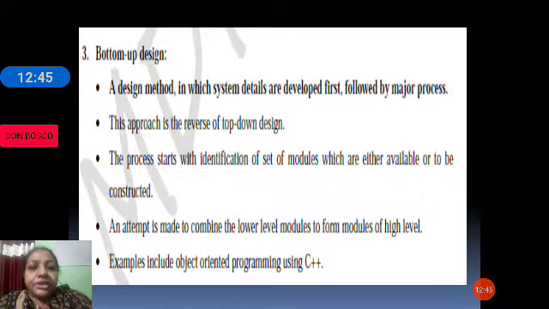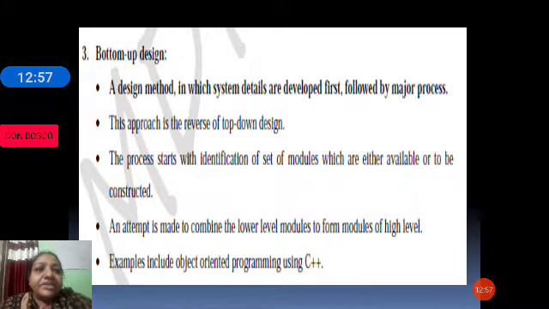Object oriented programming uses the bottom-up approach. What is that bottom-up approach? It is the reverse of top-down design. It is a design method in which the details are developed first, then the process is developed. First we go about the details and then we go about the problem. This approach is the reverse of top-down design.